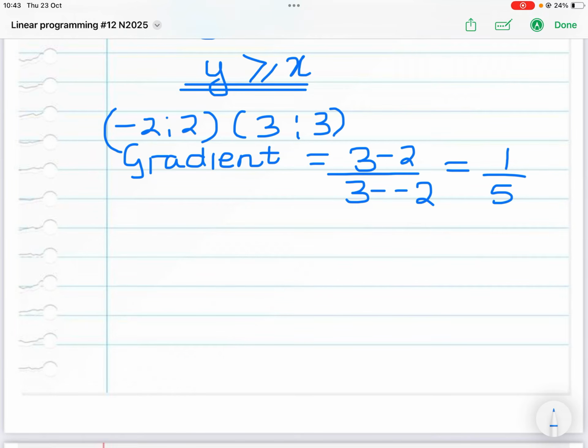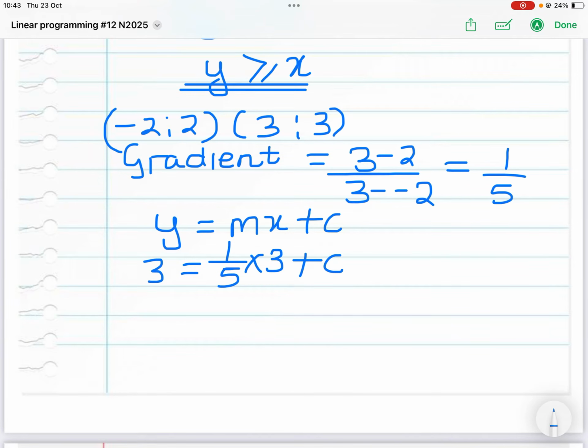We need to find the c. For the c, we are going to select one of the two points. Either we use 3, 3. We have y is equal to mx plus c. So on y, we substitute 3. On gradient, 1 over 5. On x, we substitute 3, plus c. And we need to make c the subject of the formula.